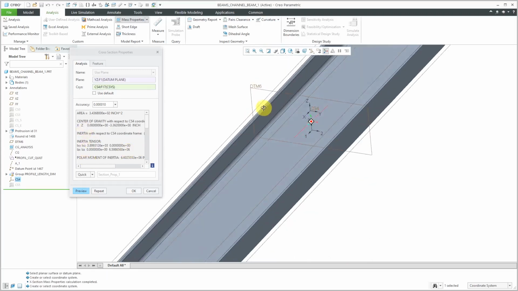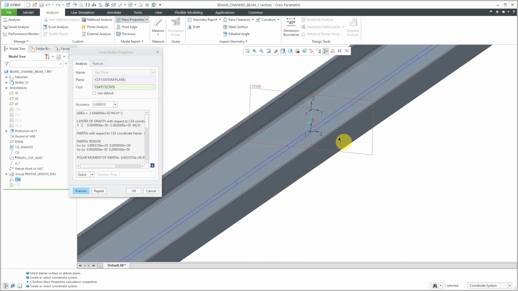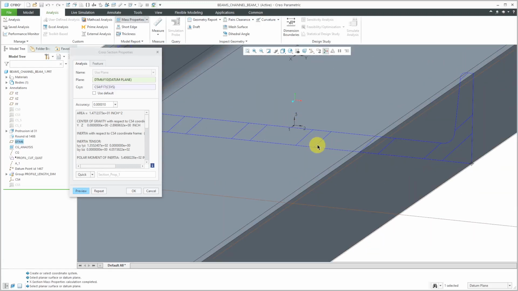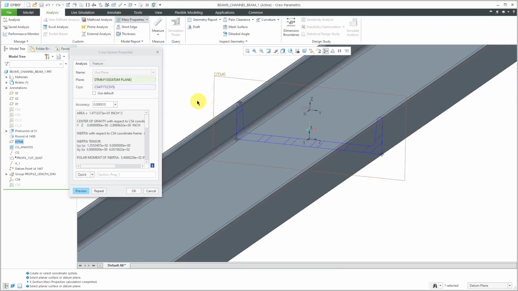And in this particular case, if you take a look in here, we're getting our centroid inside of the material. But if we change the plane that we're using, for example, use this plane over here, well, we're getting our centroid that's located a little bit offset from the geometry. So it's possible for your centroid not to lie within the cross section itself.